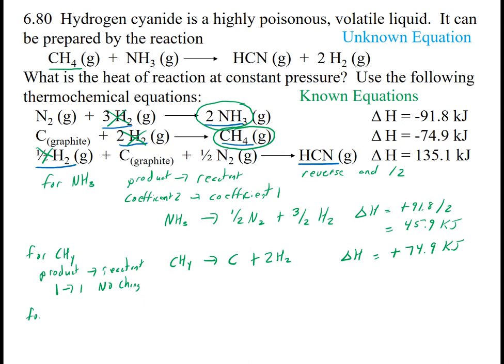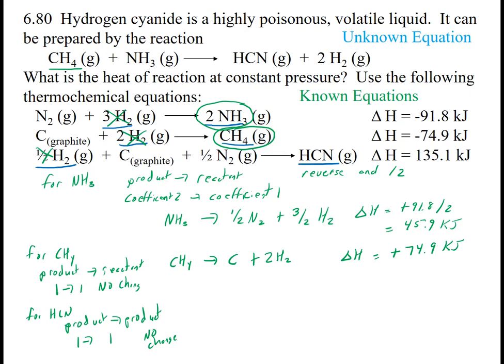So for HCN, it's a product. So no change there. I have a coefficient of 1 and a coefficient of 1, so it's 1 to 1. So no change, but I still need to write it down.